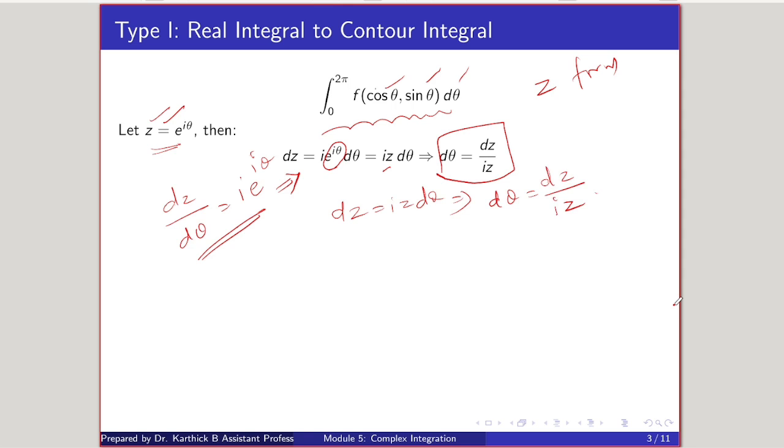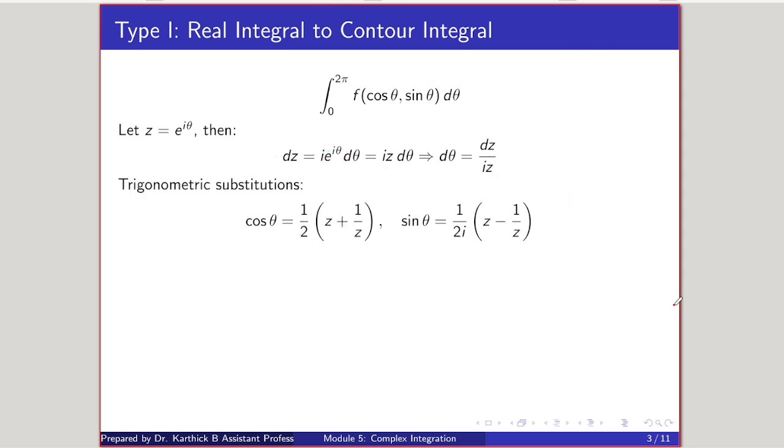So we have some other formulas for cos and sin. Here cos theta can be written as 1 by 2 into z plus 1 by z, and sin theta can be written as 1 by 2i into z minus 1 by z.